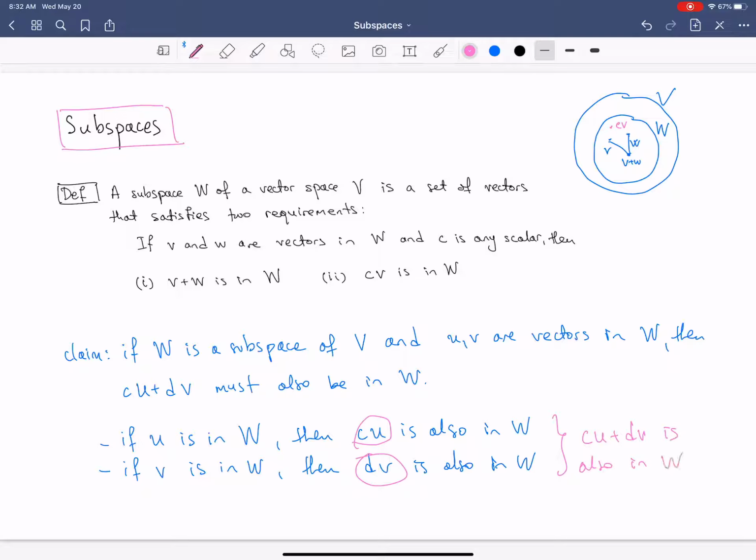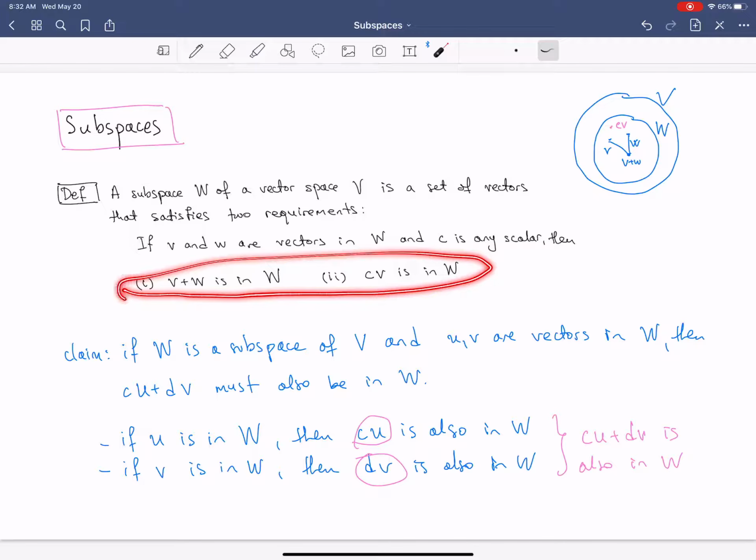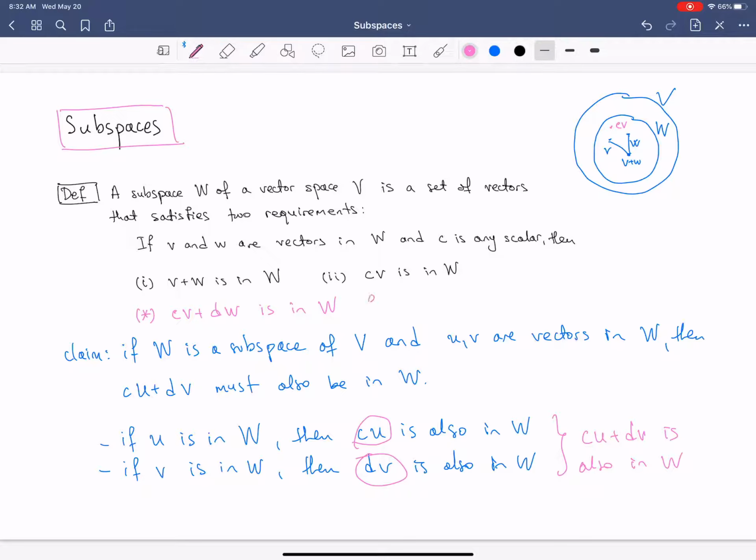So in other words, we can change these two conditions to an equivalent way of stating them: cv plus dw is in W for any scalars c and d.